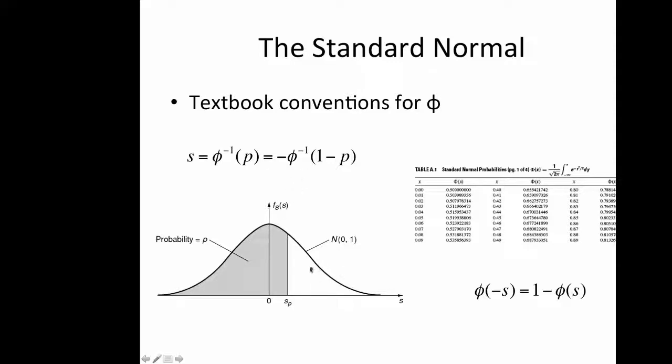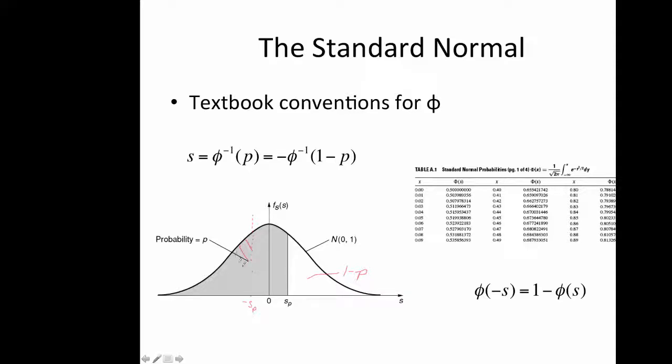Remember, in the last slide I drew that this area here is equal to 1 minus p. Well, the standard normal is symmetrical. So if I draw in a dashed line here, let's say this is minus S sub p. This is the same distance, but in the negative sense.